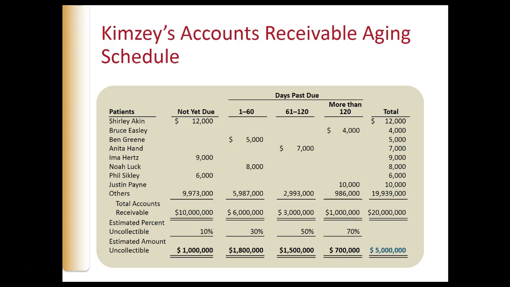The adjusting entry at the end of 2018 to allow for future bad debts would be $5 million using the aging method.